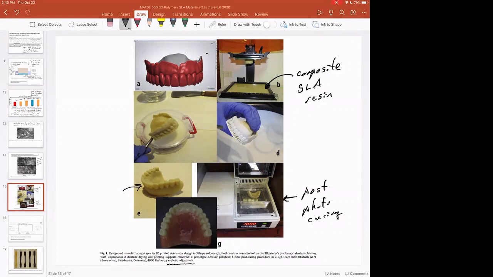And so this is just another example now addressing composite SLA resins in an industry that already uses photocuring composites. And we'll talk more about some business case studies, but this is the slide on materials. Any questions on this?